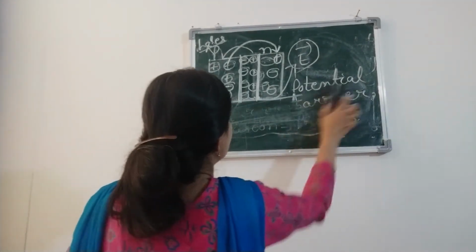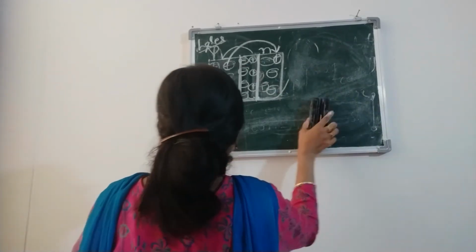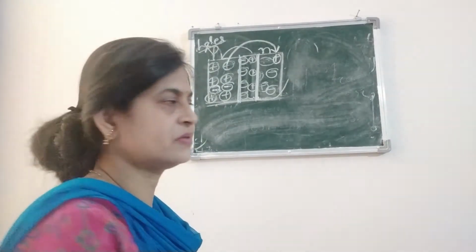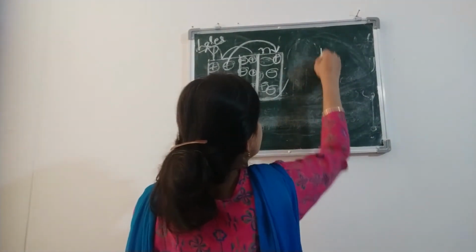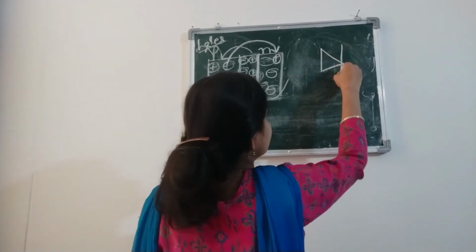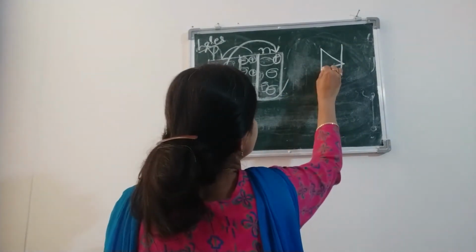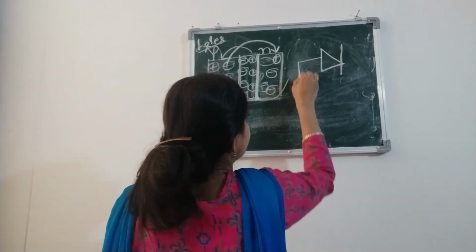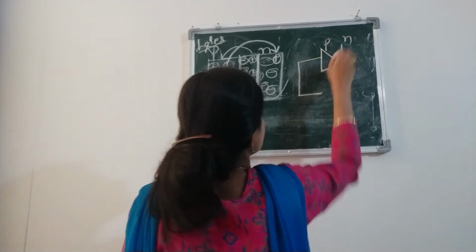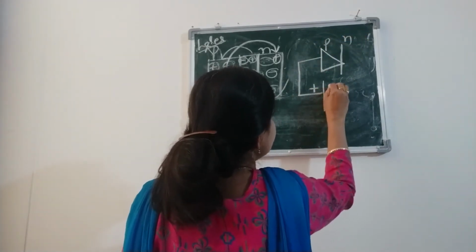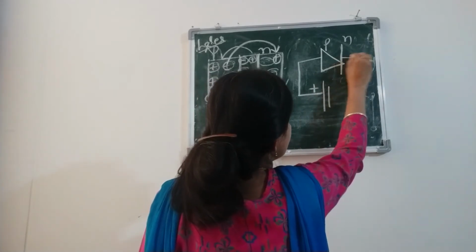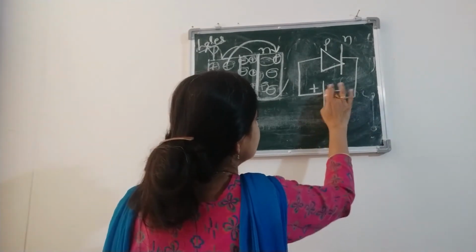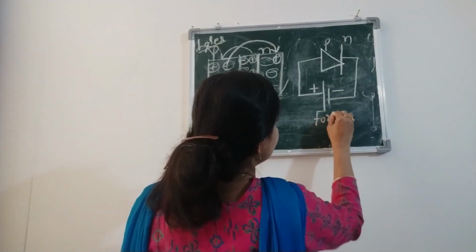Now, how will you connect the PN junction diode in forward biasing and in reverse biasing? The symbol for the PN junction is like this. This is the P terminal and this is the N. If the P terminal is connected to the positive terminal of the external battery and N is connected to the negative terminal, then this is called forward biasing.